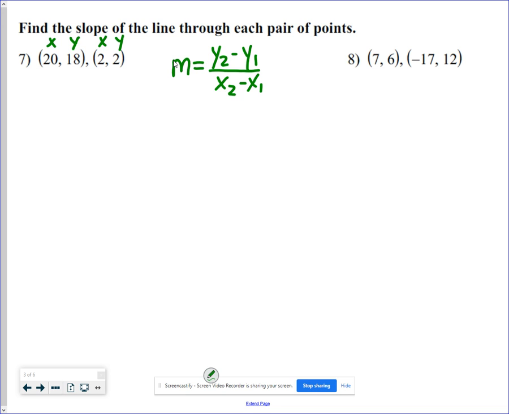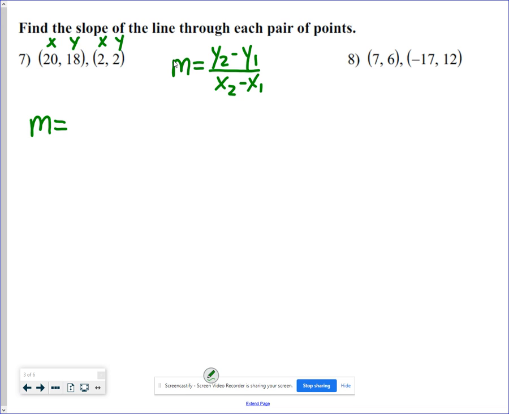I've also mentioned that I don't always do these in exactly the same way. Sometimes students always want the first ordered pair to be the 1s and always want the second ordered pairs to be the 2s. Sometimes they want to flip it around and have the first ordered pairs the 2s every single time. I tend to go with whichever order would make the most sense here. But I'll do this problem 2 different ways.